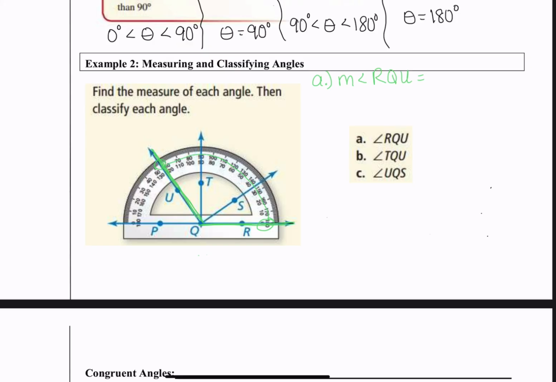Between 50 and 60, you got to think about which way those numbers are going. So from 50 to 60, it looks like it's going to be 55 degrees, okay? Or if I went the other direction and use those inside numbers, it'd be 120 to 130, so it'd be 125 degrees. So you kind of have to look at what order the numbers are going in.